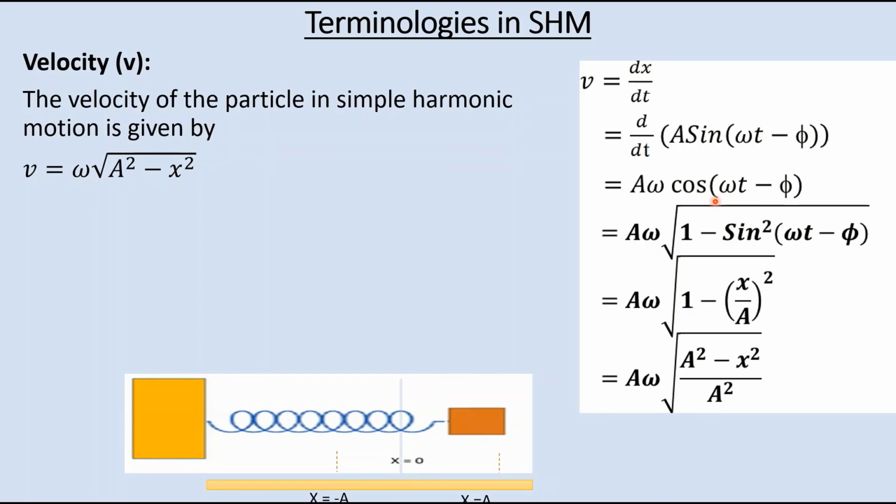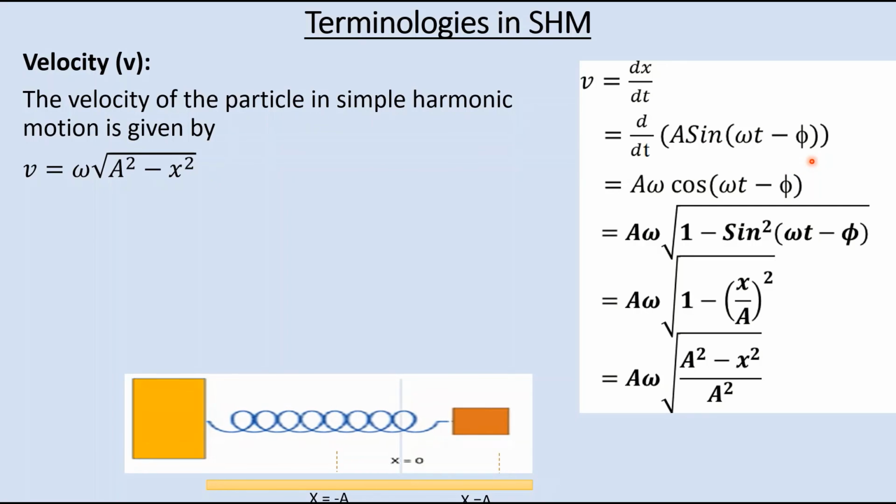Cos omega t minus phi is equal to square root of 1 minus sine squared omega t minus phi, because cos squared theta plus sine squared theta is equal to 1. Now sine omega t minus phi is equal to x by A, because x is equal to A sine omega t minus phi.